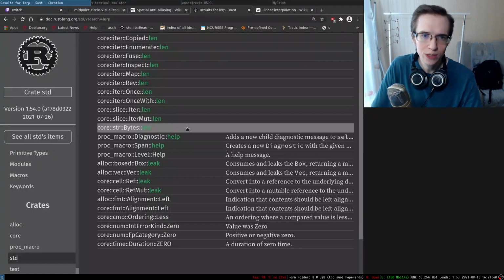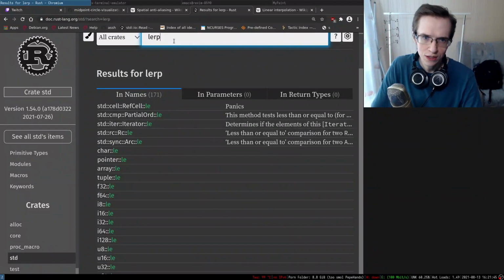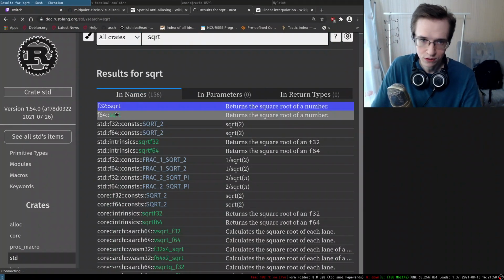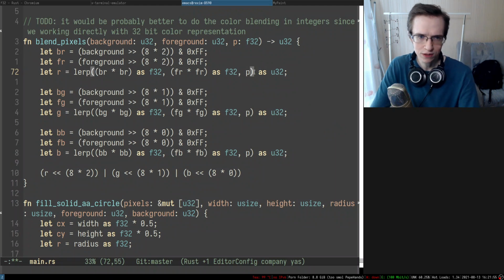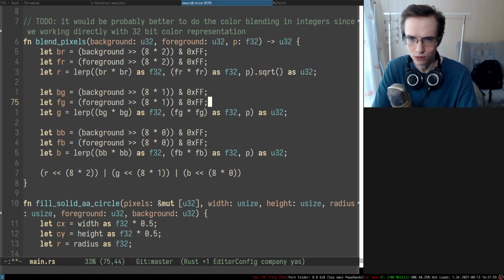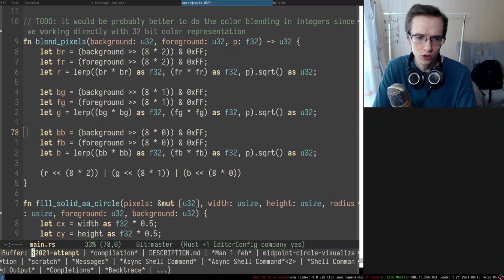I wonder if we have a square root in the standard library in here. So we do have a square root. You look at that, and it's a method, which makes it rather convenient because now I can just do square root like this. Right, so I do lerp and then I do square root. Yep, and then I'm truncating it to U32.